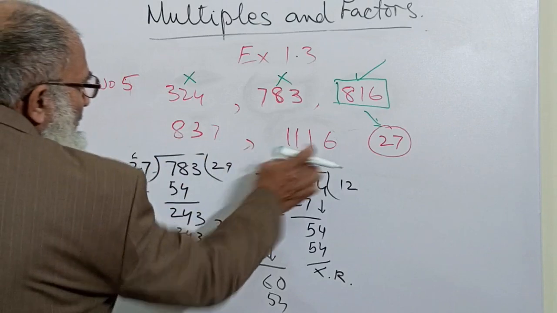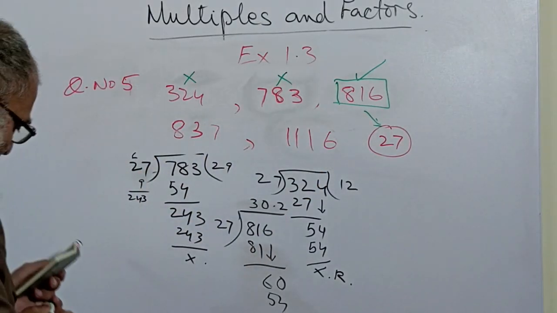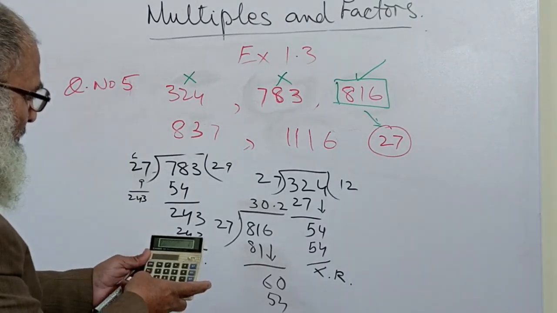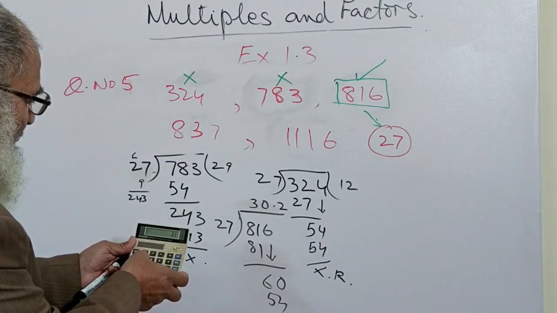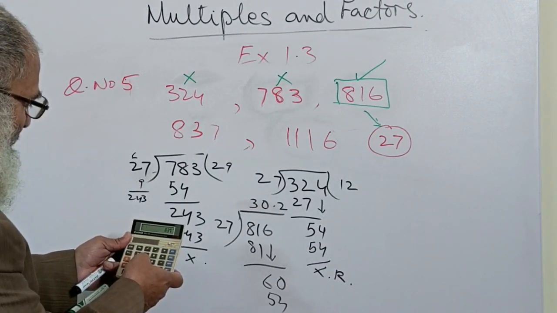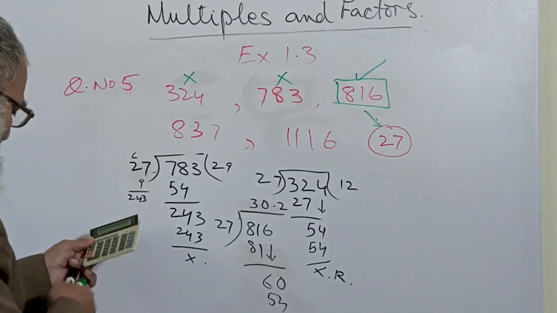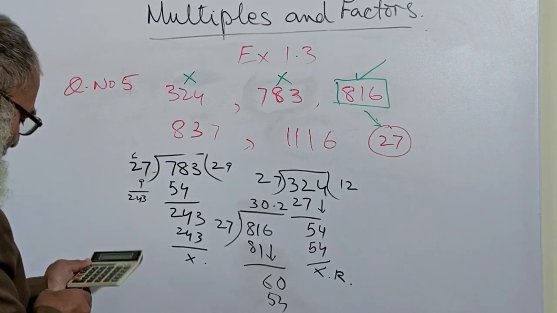And similarly, I checked these two with the help of a calculator to save some time. 837 divided by 27 gives us, yes, it is only divisible by 27.